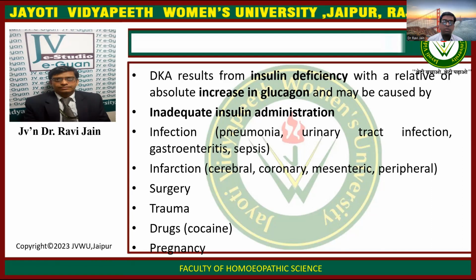So diabetic ketoacidosis results from various factors: inadequate insulin administration, infection, or infarction, that is reduced or absent blood supply to the brain, the coronary artery, the mesentery, intestine, and peripheral structures. Blood sugar also rises after surgery or trauma, or if a person is using drugs like cocaine, and in pregnancy.